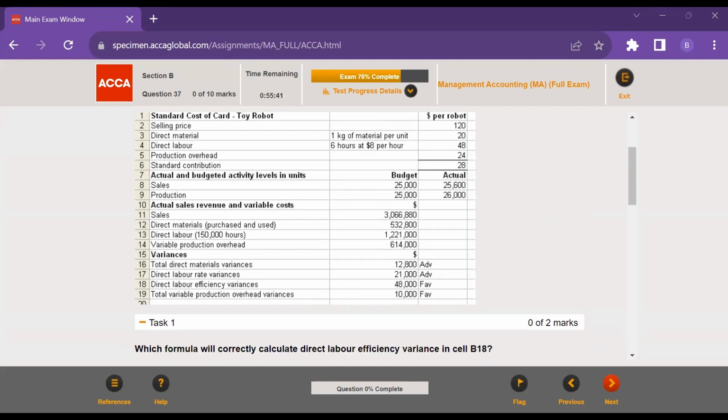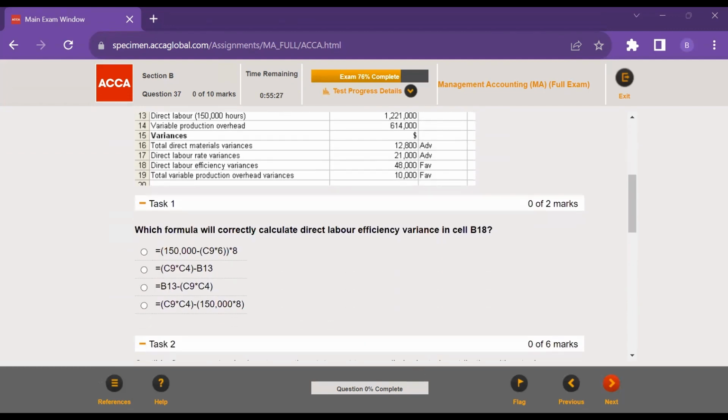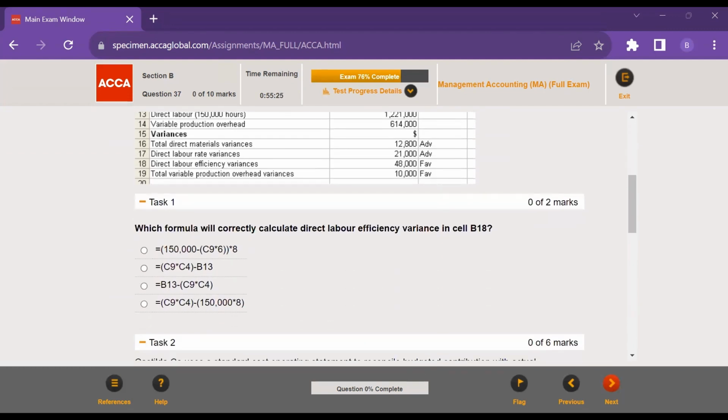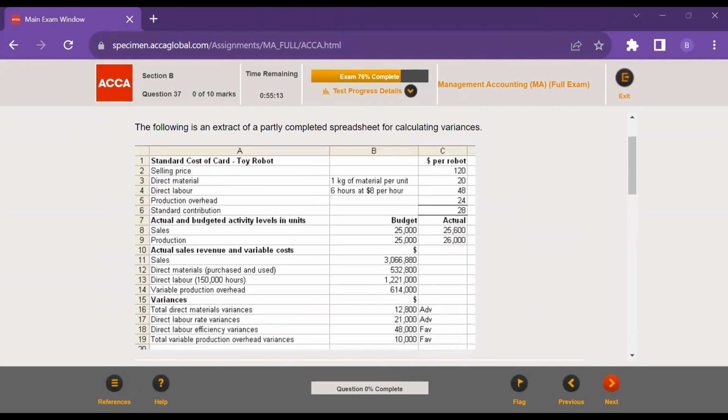So this is standard hours for actual production multiplied by the standard rate. So 26,000 multiplied by 48. So this is cell C9 over here multiplied by cell C4. So this is okay, option 2 and 4 both have this as the first part. Then this should be subtracted with how much is your actual hours multiplied by the standard rate.